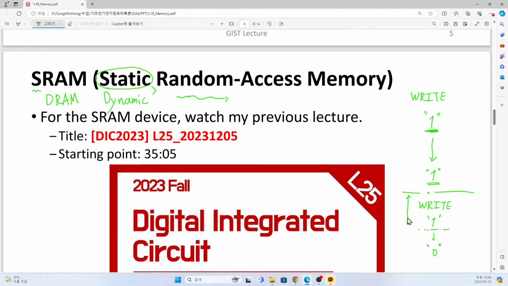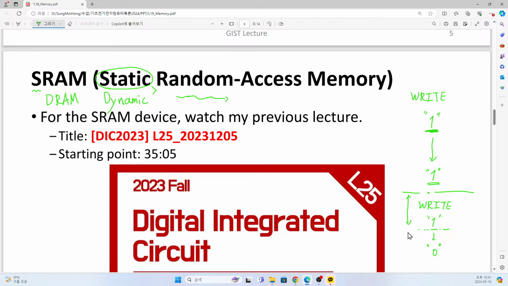Therefore, before it forgets everything, we have to remind it once again: okay, you had 1, please refresh your value again to 1. And before it forgets once again, we have to visit and say you are logical number 1, so you must remember it.